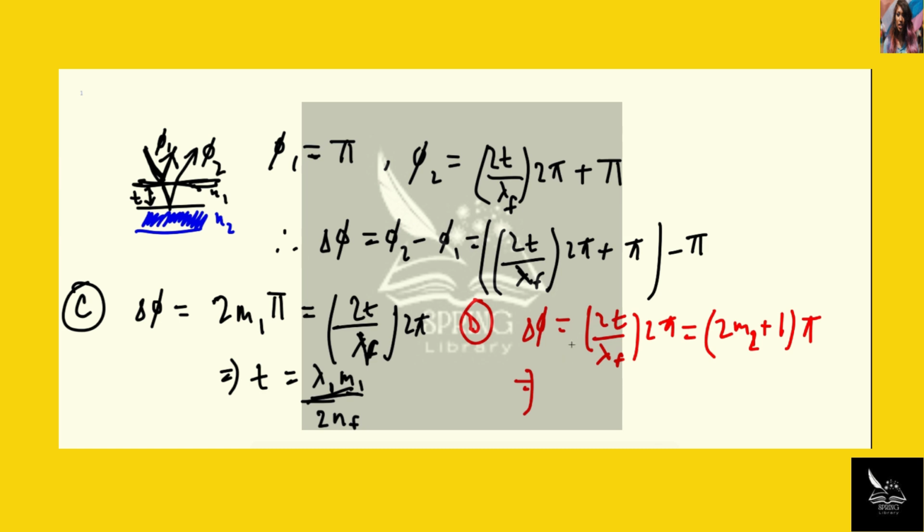And again, here you have t is equal to lambda_2 times (2m2 plus 1) over 4 times the refractive index of the film.